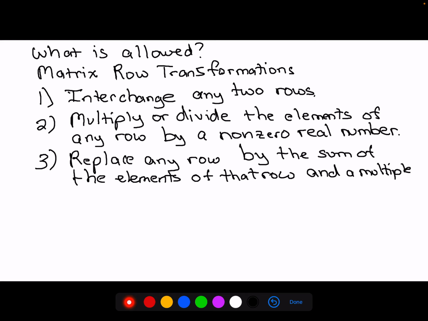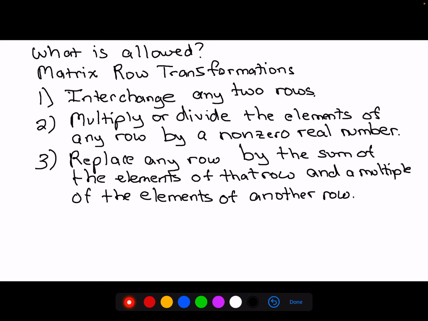Remember, multiple, you can always multiply by 1, so you could just take another row and add it. Or you can take a multiple of it. So being able to use these three things will allow us to work with this matrix and transform it into something that looks very different from how it started, but will effectively give us solutions to what we're looking for.